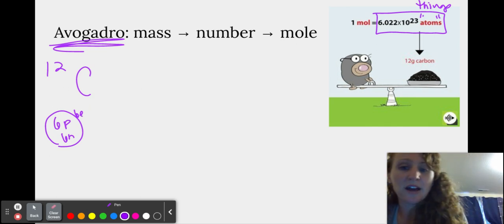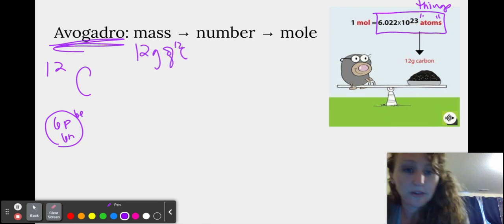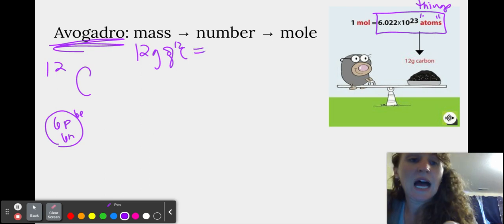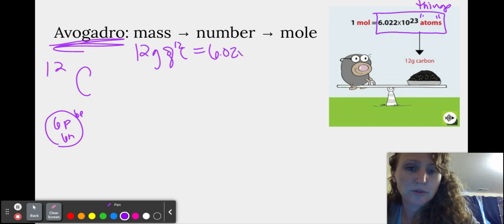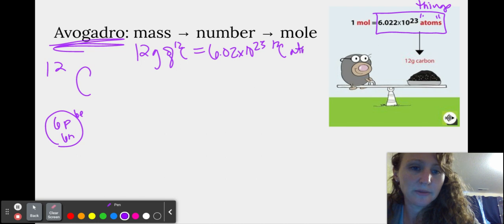Well, if you have 12 grams of carbon-12, then you have Avogadro's number of atoms, 6.02 times 10 to the 23rd carbon-12 atoms.